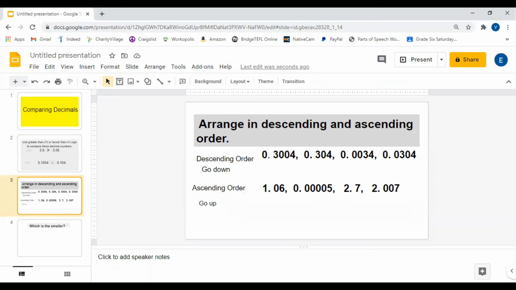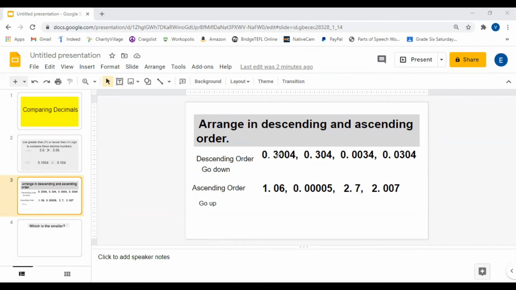Now I'm going to go through each number digit by digit. The first digit in all of these numbers is 0. So guys, I cannot use a 0 to determine which is greater or which is lesser.